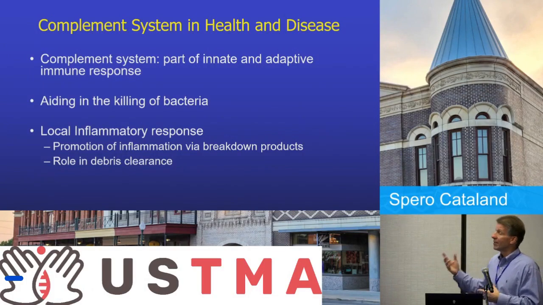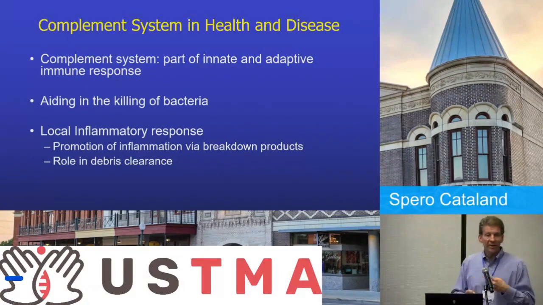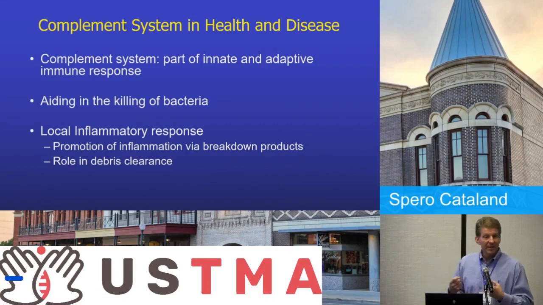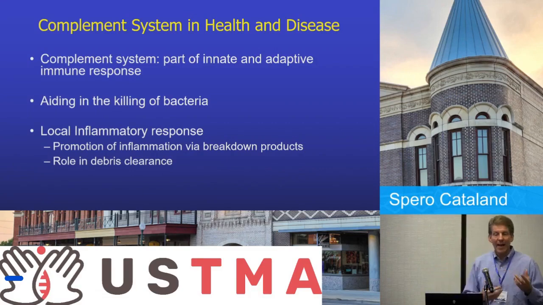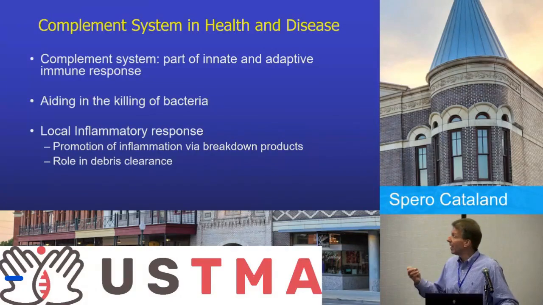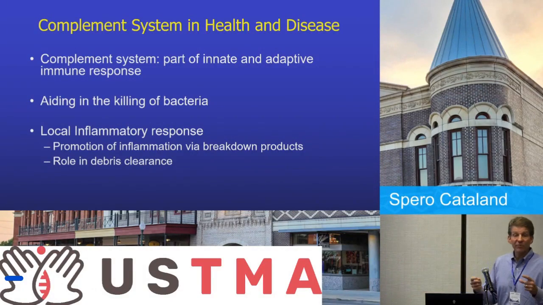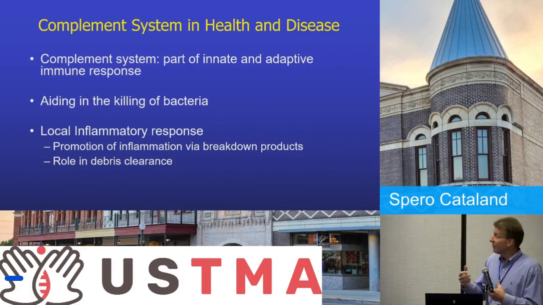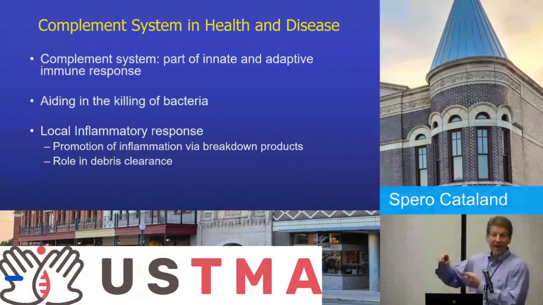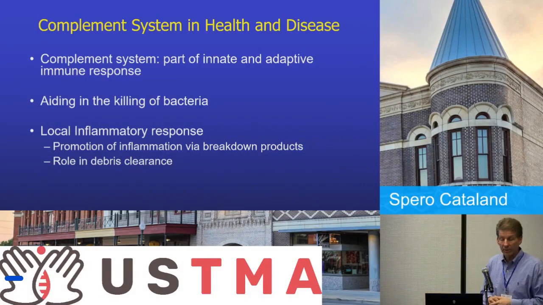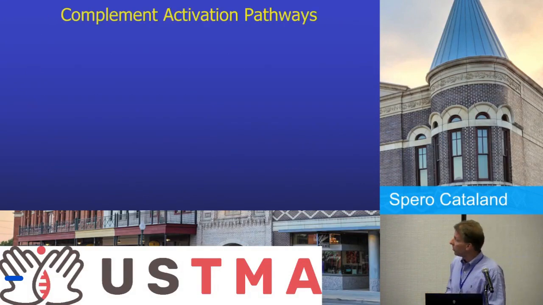It's thought to be always on, at a low level in the background, trying to identify bacteria, damaged tissue, injured tissue, and doing the housekeeping for the body, protecting the body from bacteria and other pathogens. And when you have dead tissue from an infection or inflammation, it cleans it up. Very powerful system. It will turn on, amplify itself, and then turn off and go away when it's supposed to. That's what's supposed to happen.